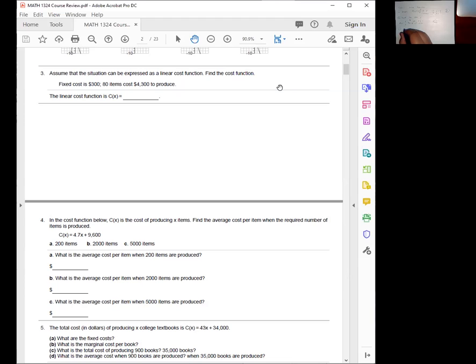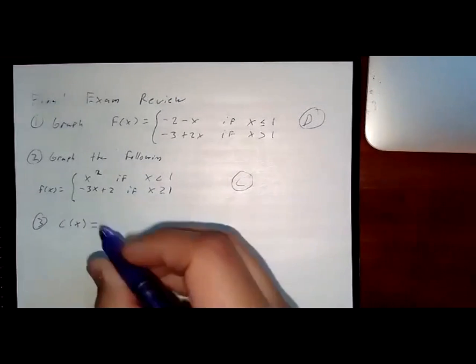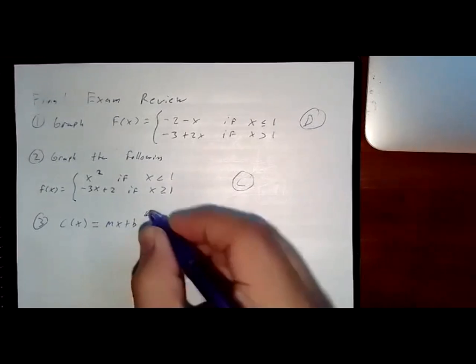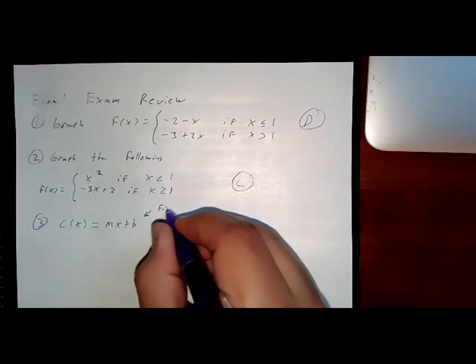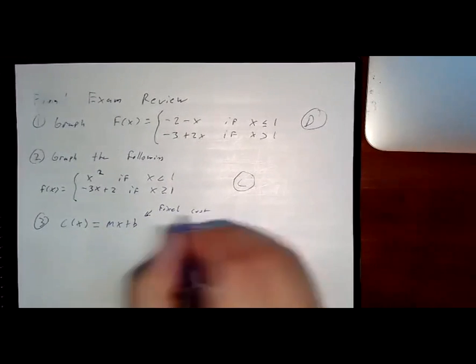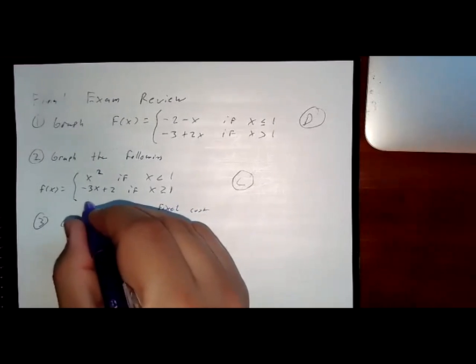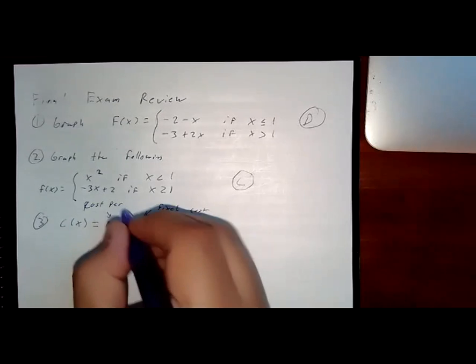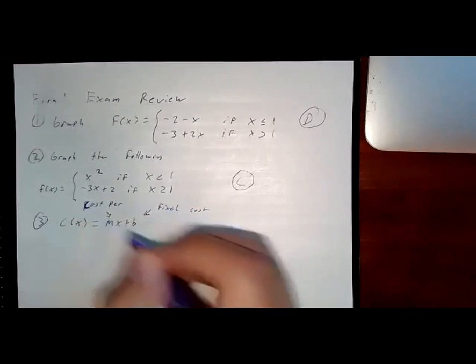Okay, so remember, for linear cost, we said, let's switch back to the paper. It should be mx plus b for linear, right? And we said that the b was fixed cost, and x is usually a price or cost per item. Okay.